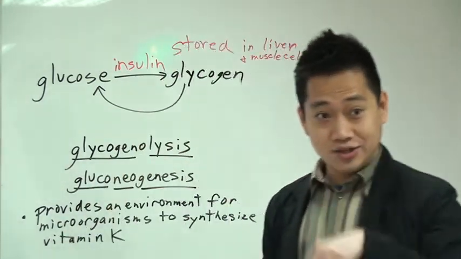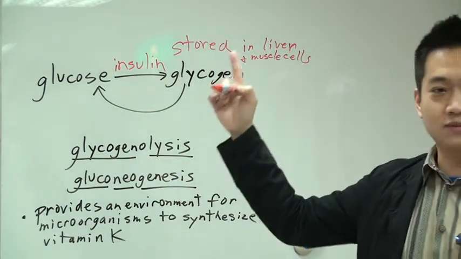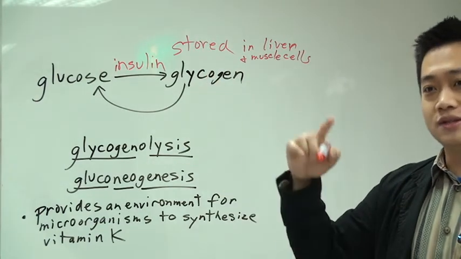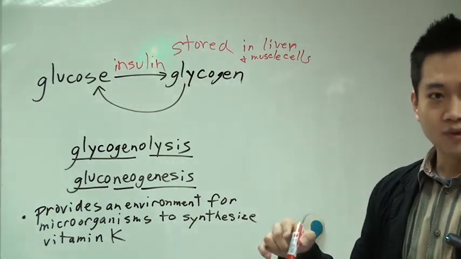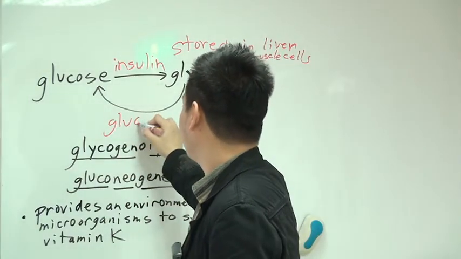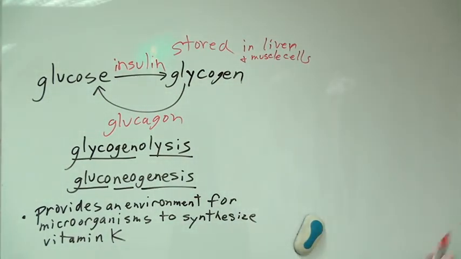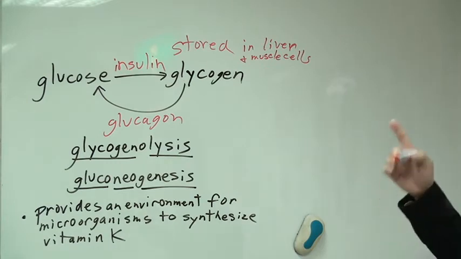You need insulin to convert glucose to glycogen. What is the hormone on the opposite? What is the opposite of the insulin? Your glucagon. So insulin and glucagon are opposites. They work in the opposite way.